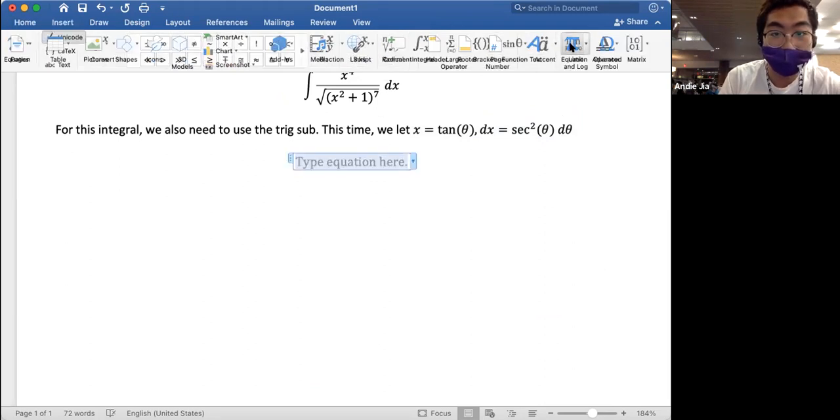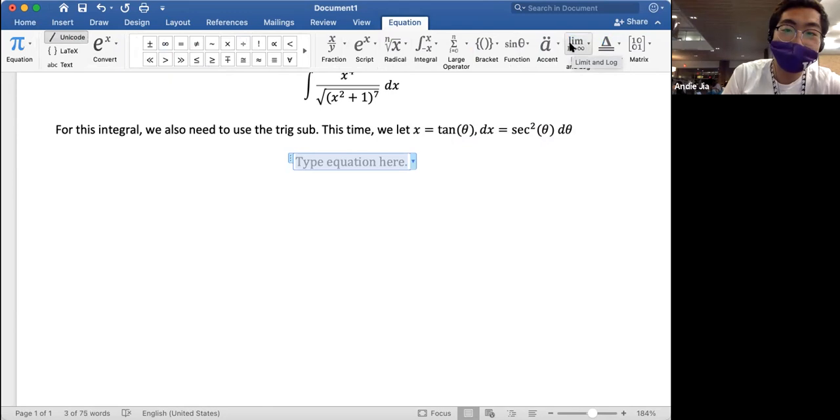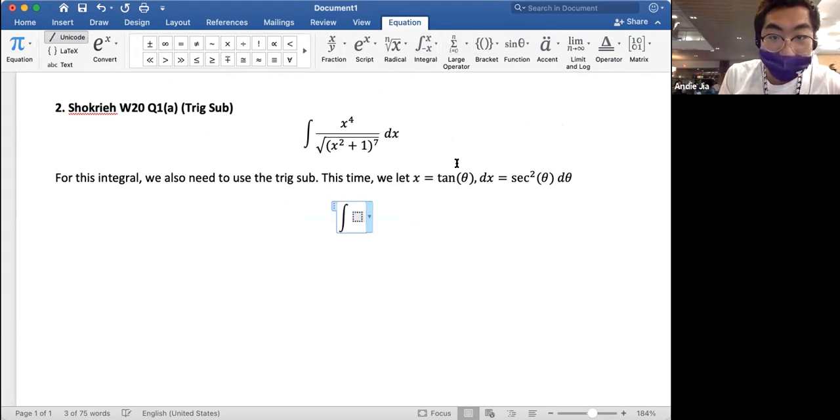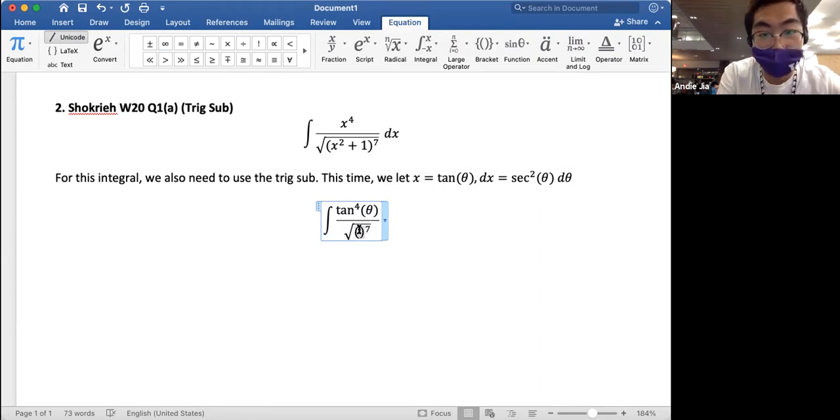Because this is an indefinite integral, you don't need to change the bounds or anything like that. Then we have tangent to the 4th of theta. The bottom is going to be tangent squared plus 1.